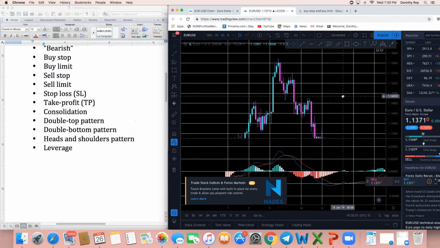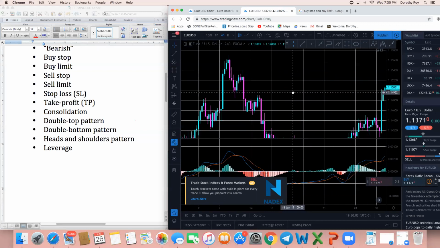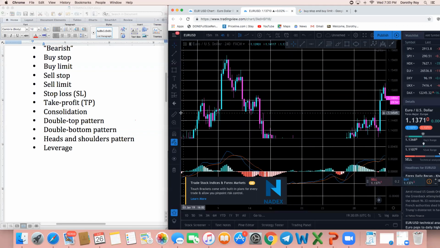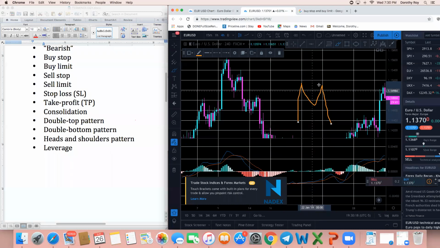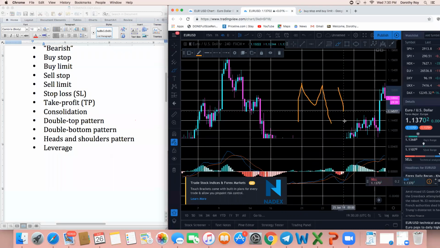I see an example for the next one, but let me just draw it out for you guys, because I wanted to give you a clear one, but they're not always going to be very clear. So make no mistake. Sometimes the market tends to do these random M's, or they might even be W's in the market.